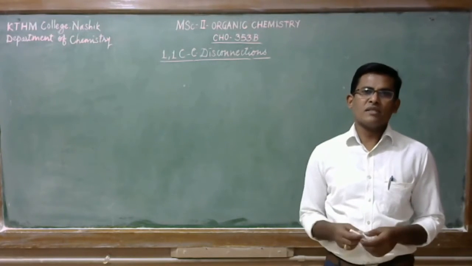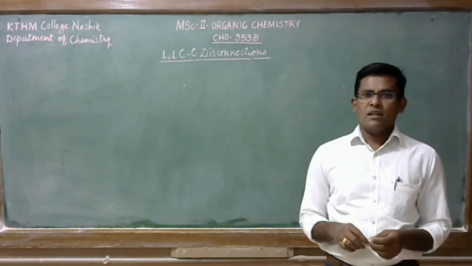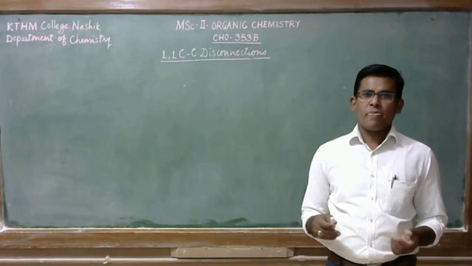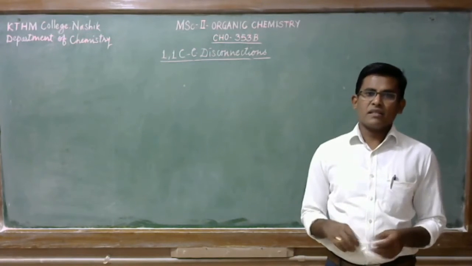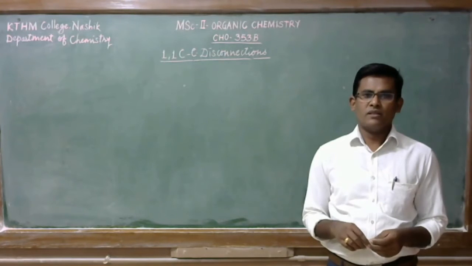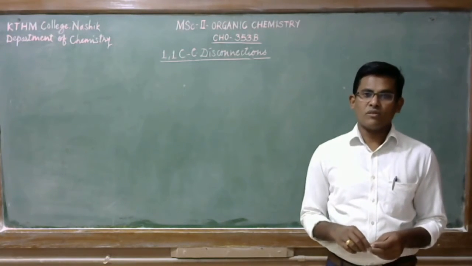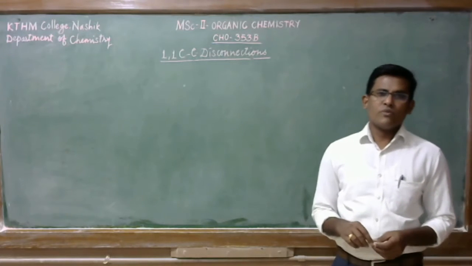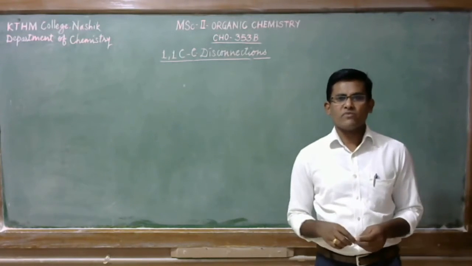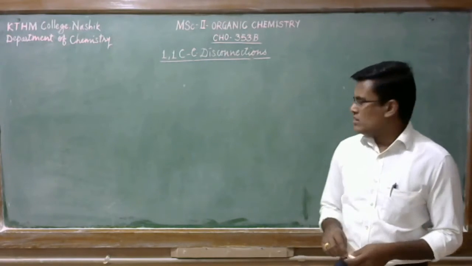Alternatively, the reaction of a carbon nucleophilic functional group such as a Grignard reagent with an electrophilic functional group allows us to do carbon-carbon disconnections on alcohol. We have seen this in the previous lecture.